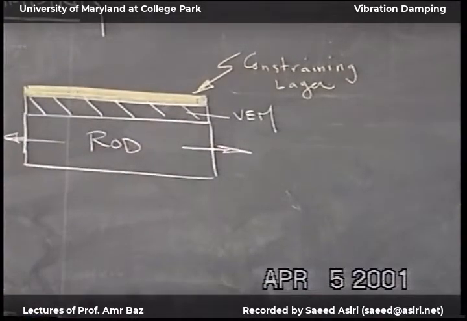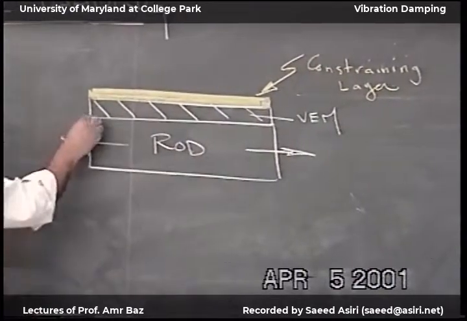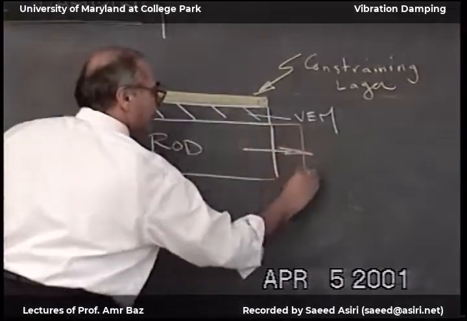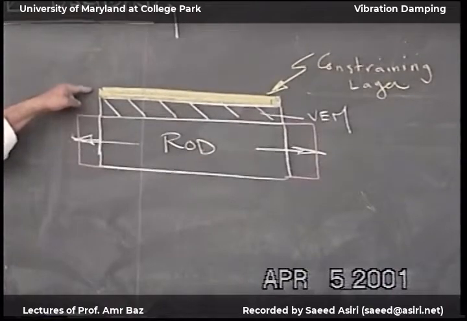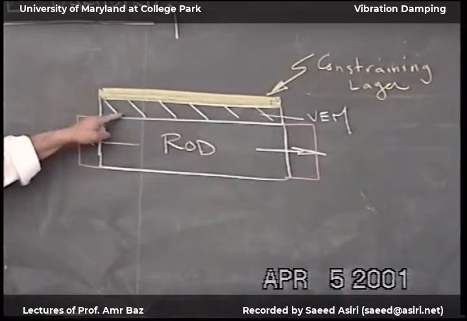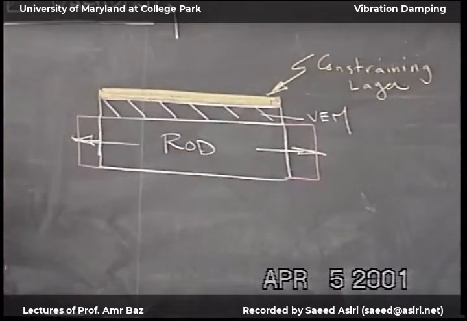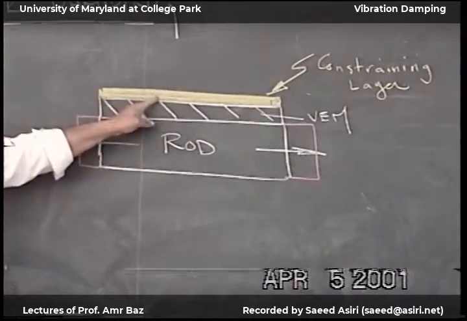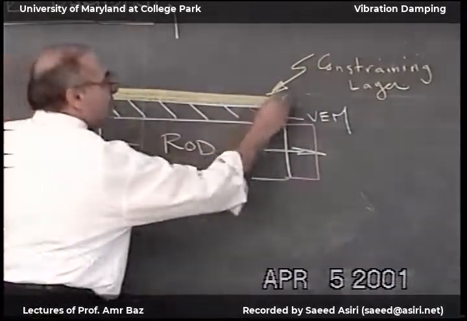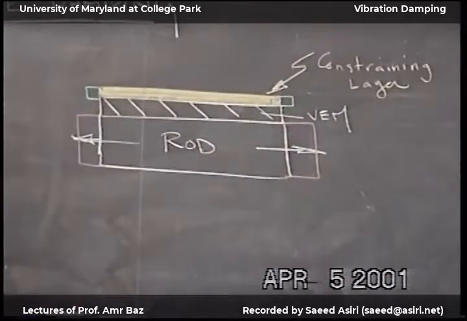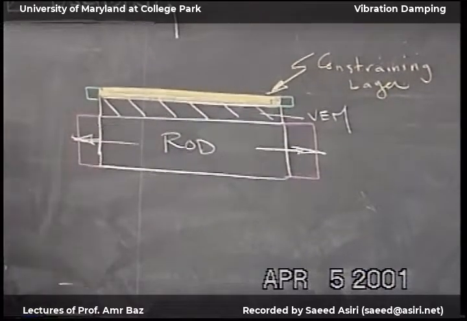So now, if the rod expands during the vibration and it takes this position, the outside constraining layer is constraining the motion of the layers of the viscoelastic layer attached to it. So they will not move as much. But because the plate or the rod is expanding, these have to follow. But they will maybe go this much only. And now the final form of the viscoelastic material will look like this.